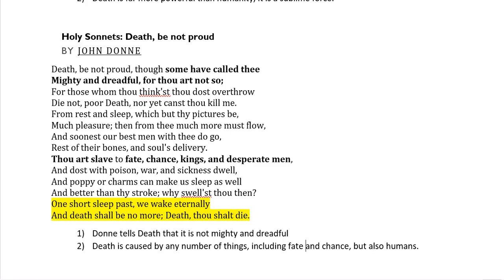So this idea that humans actually conquer death because humans live eternally. Once they die, they have the possibility of eternal life in heaven.